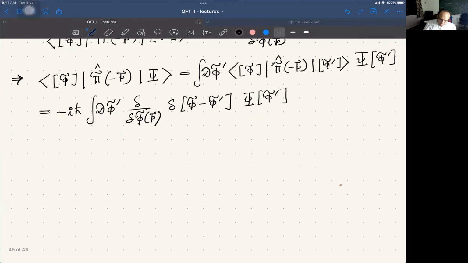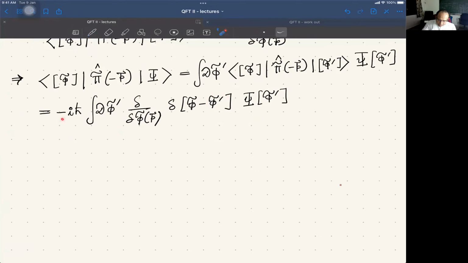Now you use the usual manipulation. This derivative with respect to φ̃ can be converted to a derivative with respect to φ̃' at the cost of an extra minus sign, and then the derivative with respect to φ̃' you can do integration by parts to apply on this, with the cost of another additional minus sign.